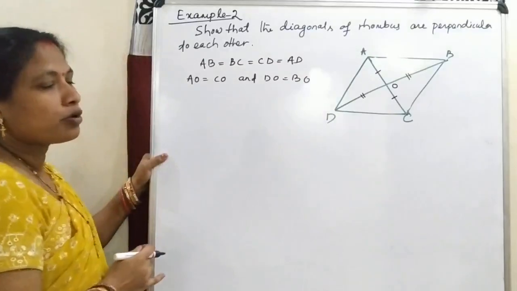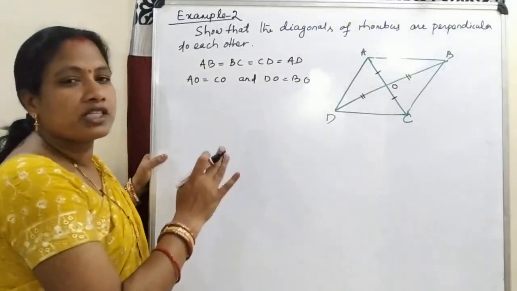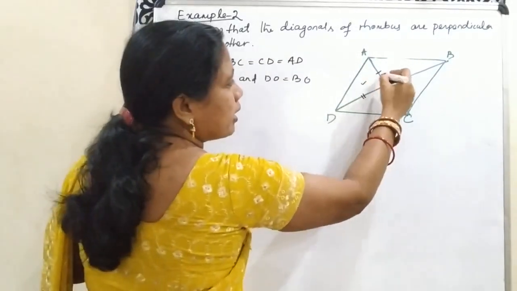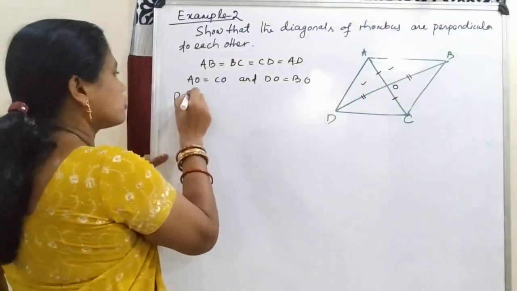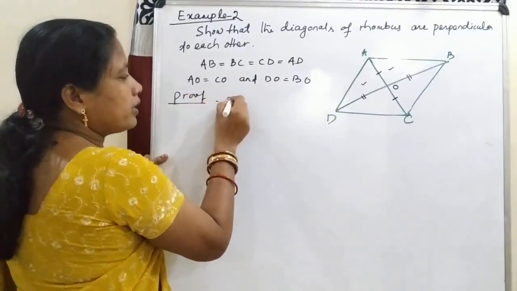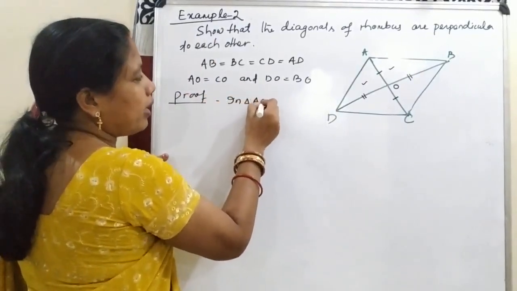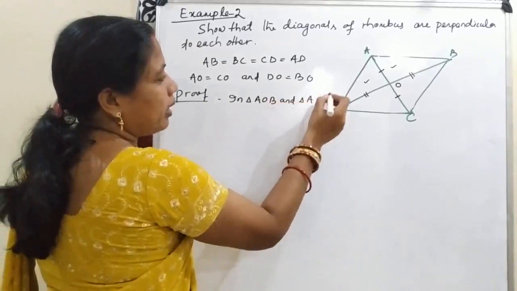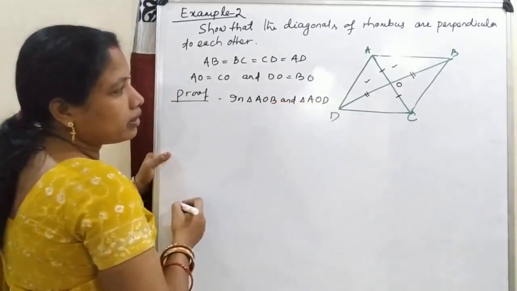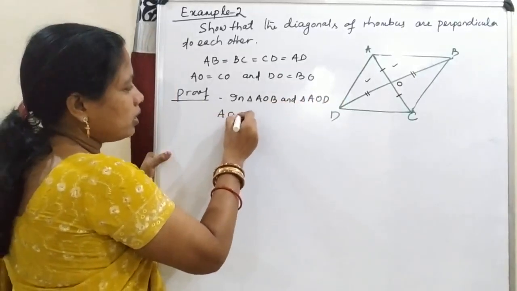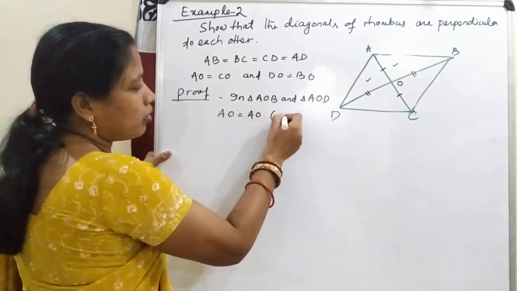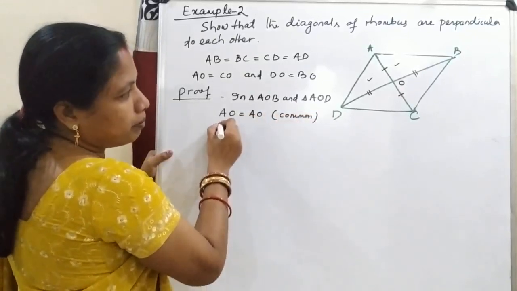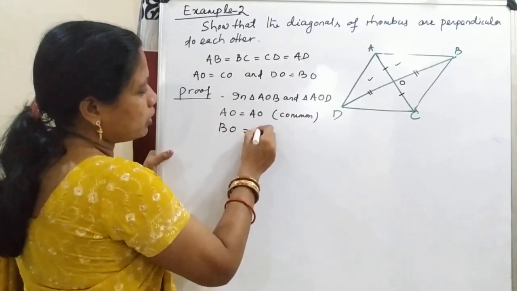But here we have to prove the two diagonals are perpendicular to each other. So we will take these two triangles to prove. In triangle AOB and triangle AOD, what are the equal parts? AO is equal to AO, common, and BO is equal to DO.